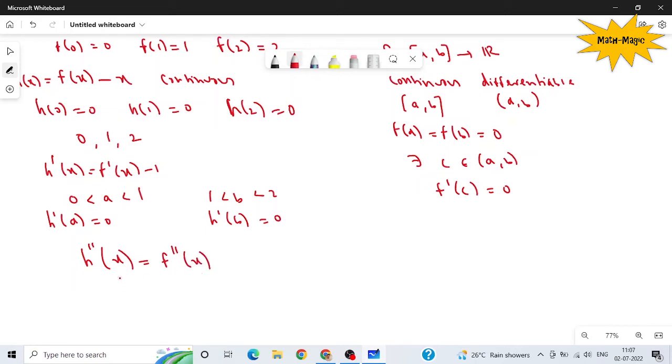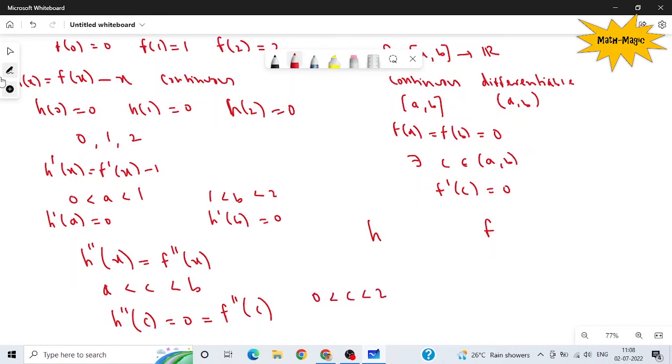This has a root between a and b, so there is some c, with a less than c less than b, such that h double dash of c is equal to 0, which is nothing but f double dash of c equal to 0. The second derivative of h is the same as the second derivative of f. So this says that f double dash of c is equal to 0 for some c in the interval (0, 2), for 0 less than c less than 2.